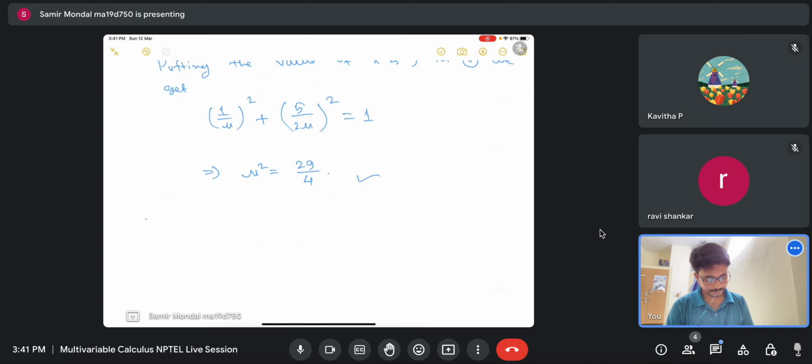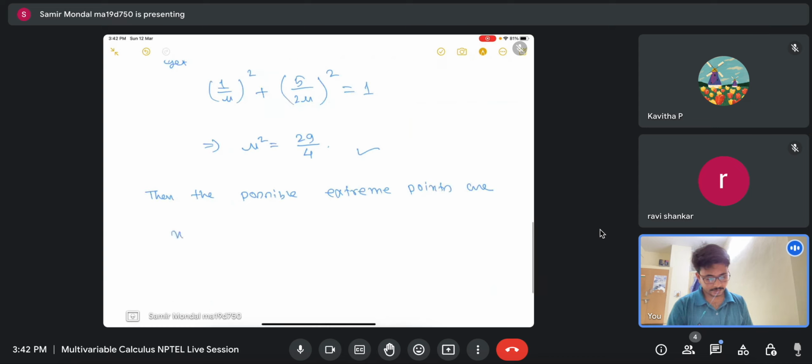Then the possible extreme points are x equal to plus minus 2 by root 29. y will be in opposite.